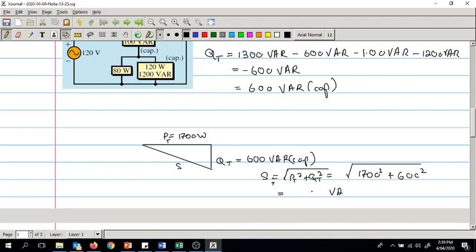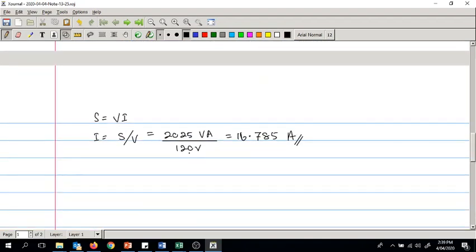So 1700 squared plus 600 squared, that square root is 1803, right? So in that case this has to be 1803.